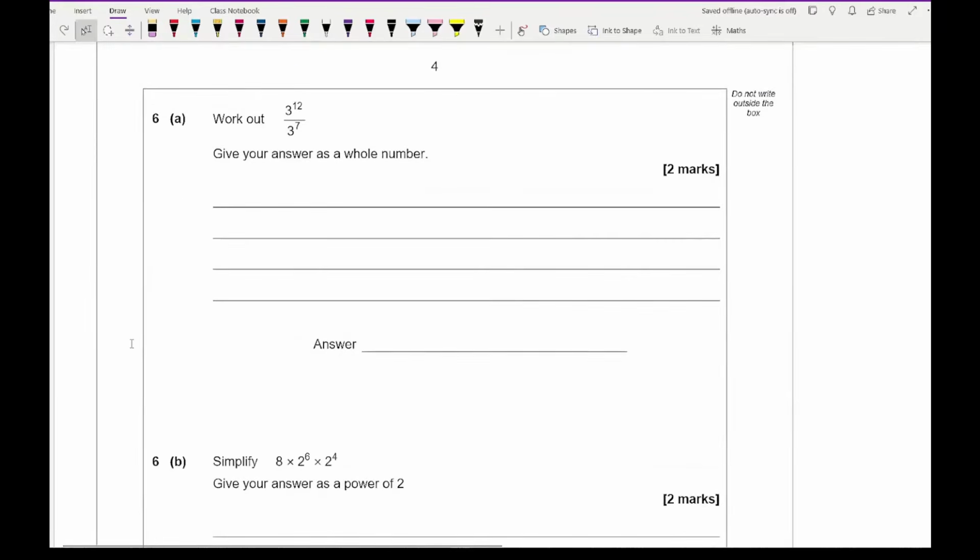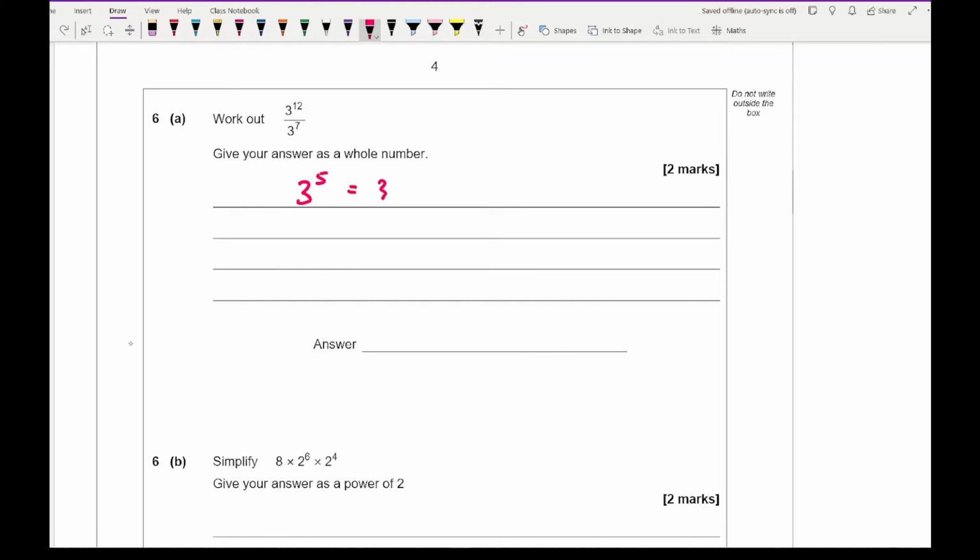Moving on to question 6a, it says work out 3 to the power of 12 divided by 3 to the power of 7. When we're dividing, we take away the powers, so that's going to be 3 to the power of 5. I then need to work out what 3 to the power of 5 is as a whole number.